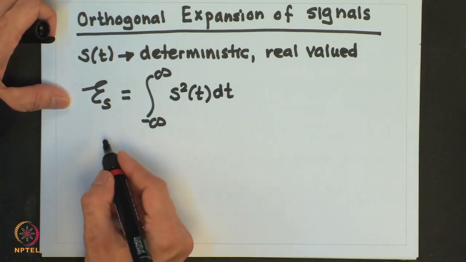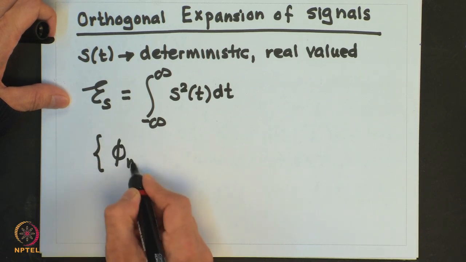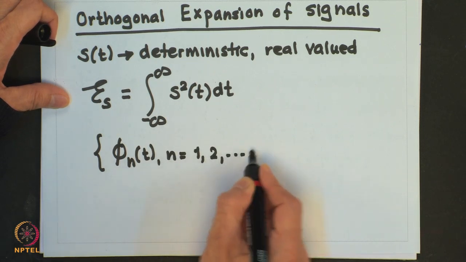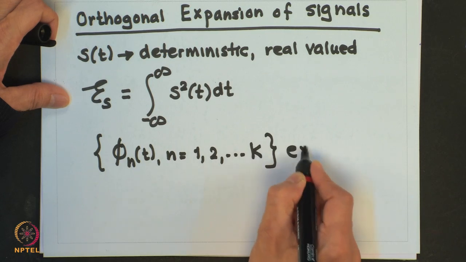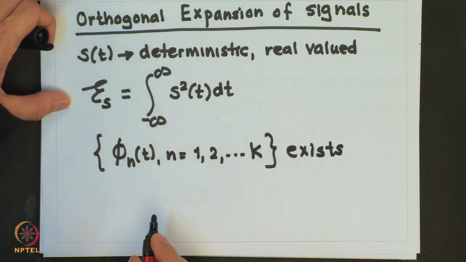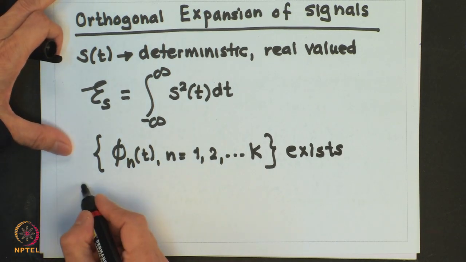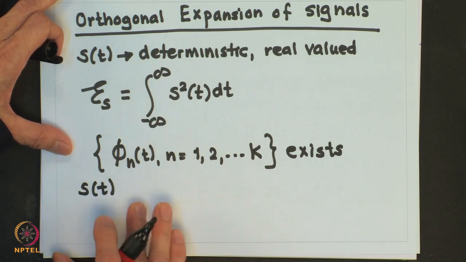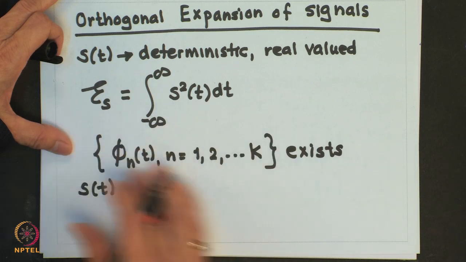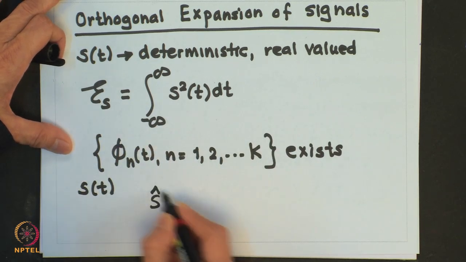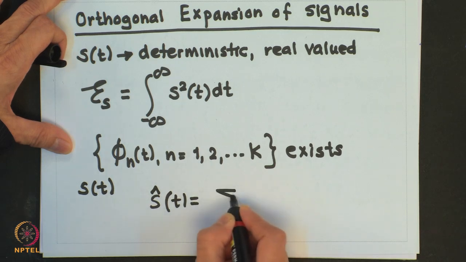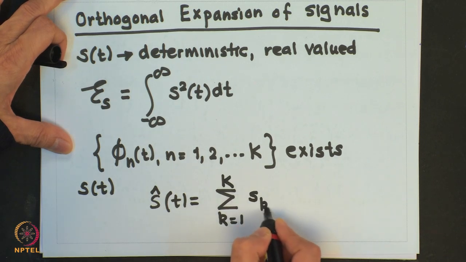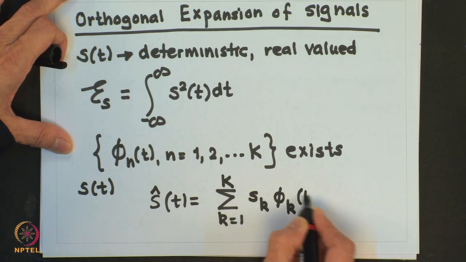Now, assume that we have a set of orthonormal functions, correct? And now my problem is to approximate the original signal s(t), correct, by a weighted linear combination of these functions. So, I want to write s hat(t) is equal to this.